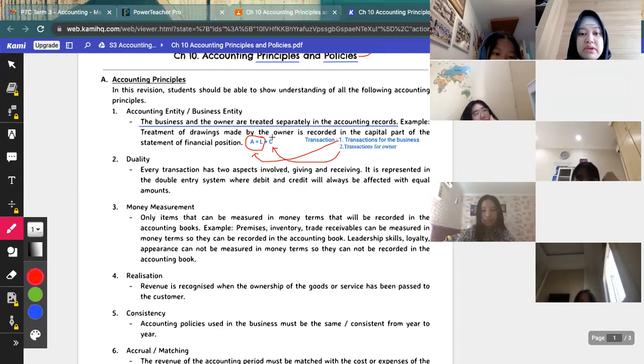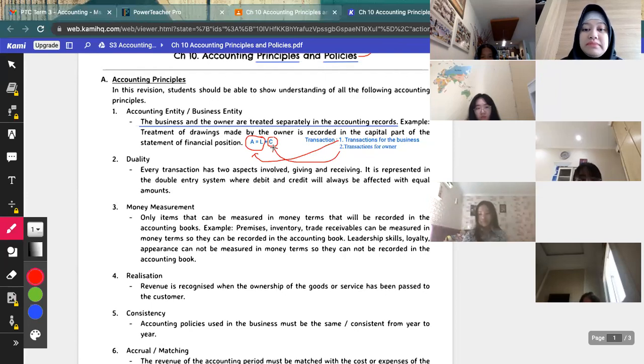Another example, the owner took assets from the business for personal use. It means the owner took something from the business and used it for personal use, and it will also be recorded in the capital part. So every single transaction related to the owner will be affecting capital.